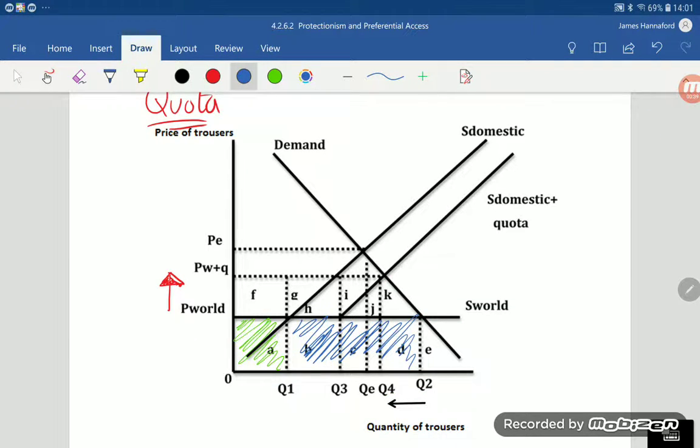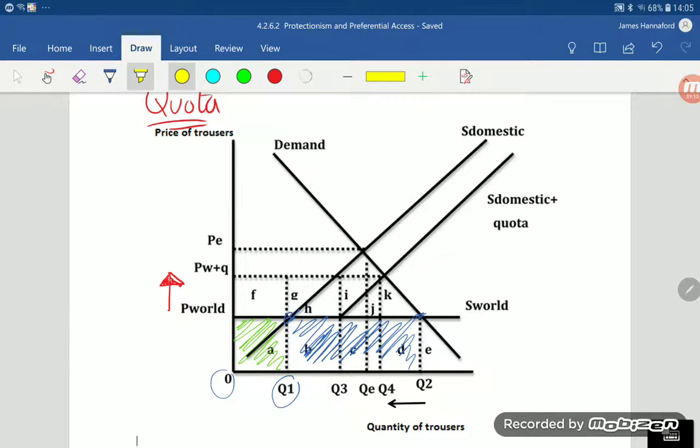Before the quota, the domestic quantity supplied was 0 to Q1, and that's the green area we can see in the diagram. Between Q1 and Q2, this was the quantity that was imported into the country prior to the introduction of the quota. That is the blue area.